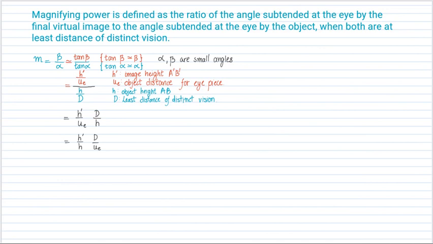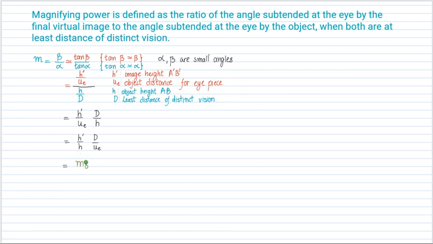Okay, so this term h dash upon h will denote the magnifying power for your objective. So let me write this one, equals to magnifying power of the objective.